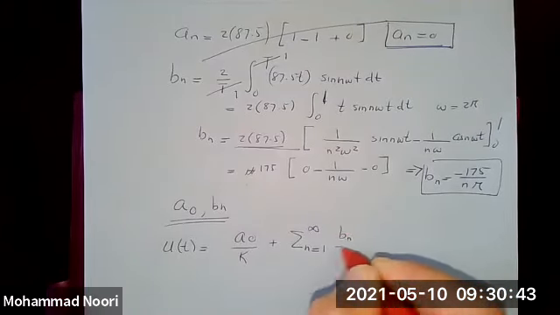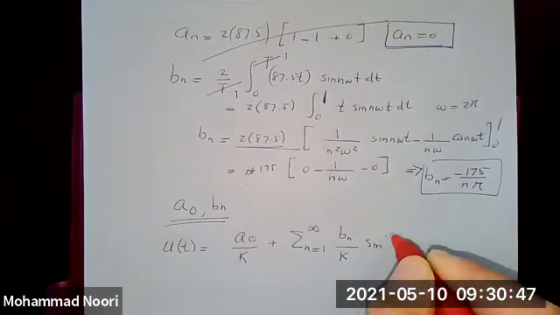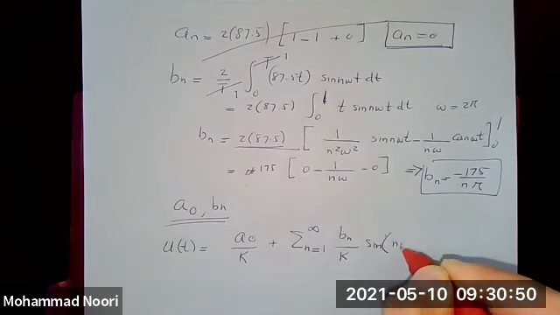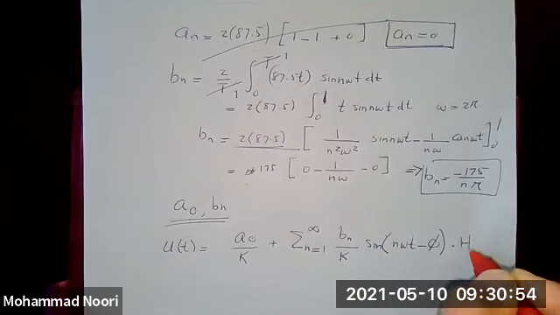We have only b_n over k times sine of n omega t minus phi, times h.